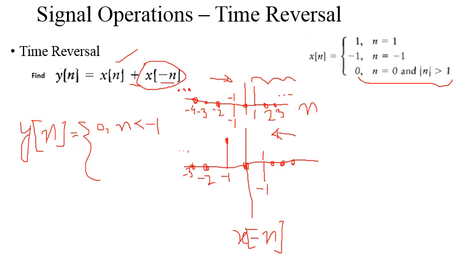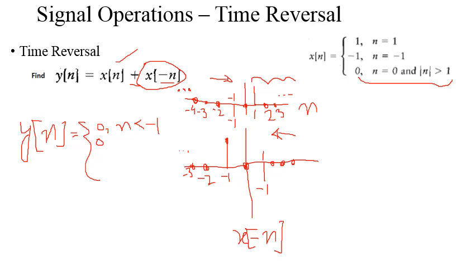Because this is discrete, less than -1 cannot be -1.5 or -1.7 and so on. Less than -1 means -2, -3, and so on. So if we sum this part from -2 up to minus infinity, and here also -2 up to minus infinity, because both are 0, the summation will be 0. At n equals -1, this signal is 1, whereas this signal is -1. So again it will be 0.